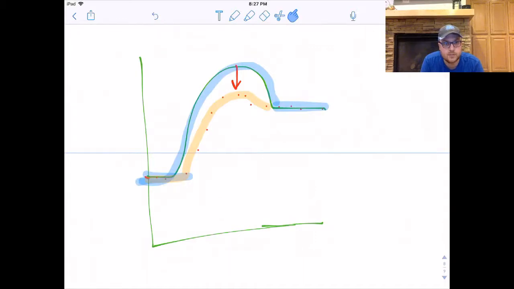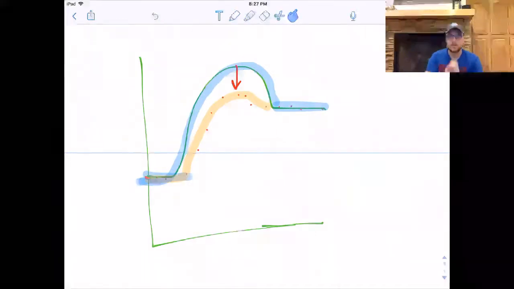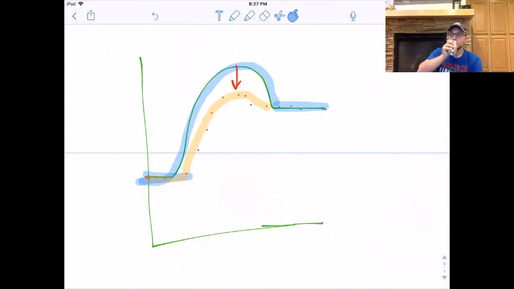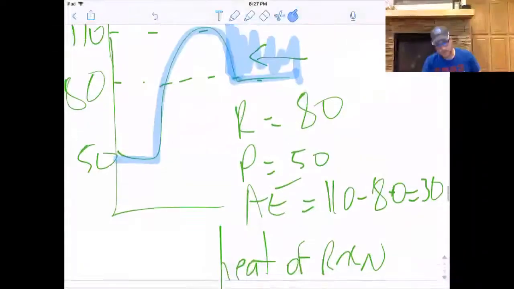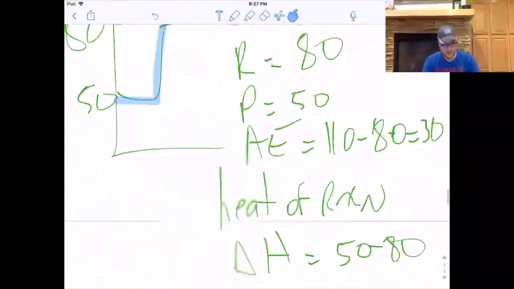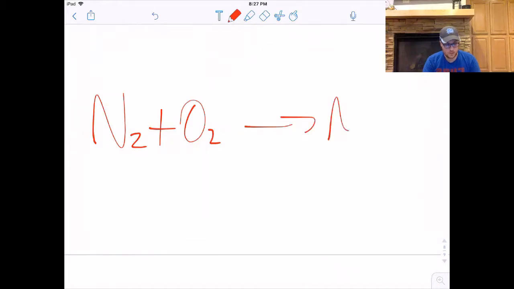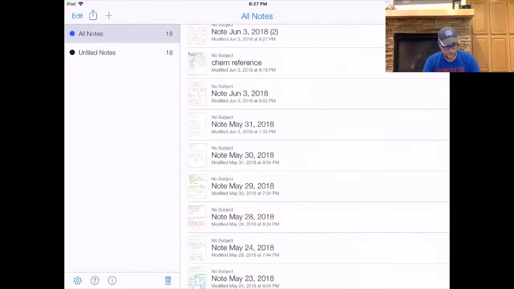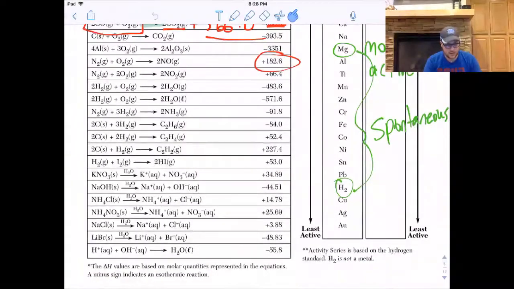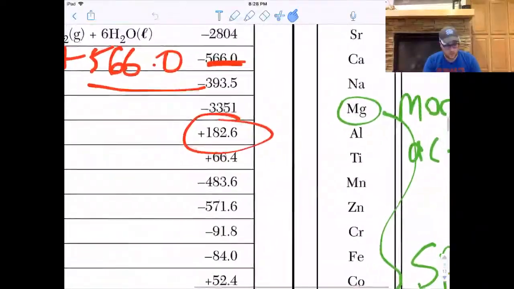The only other thing I wanted to mention, let me copy down that reaction from before. Was it N2 and O2 make 2NO? Now, according to table I, if that reaction proceeds at exactly those ratios, it will endothermically absorb 182.6 kilojoules of heat.